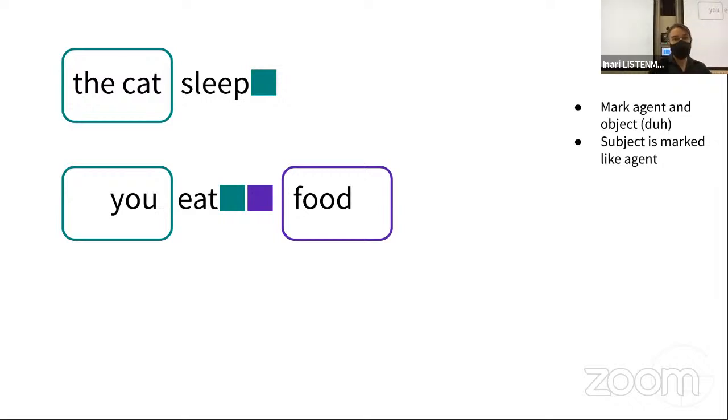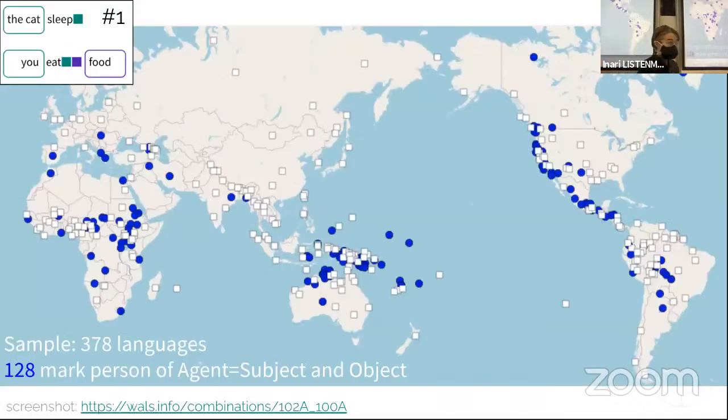So this is the first option. We mark agent and object as established, and we treat the subject like the agent. This is actually the most popular strategy in the WALS sample, which I believe some thought has been put into making balanced.